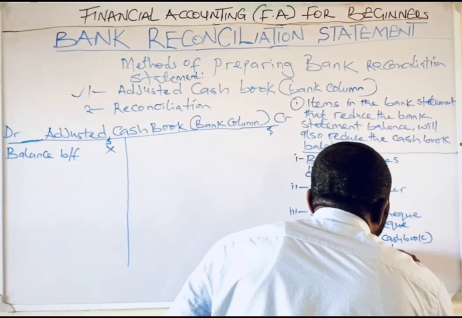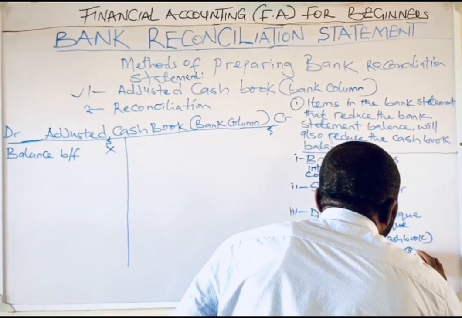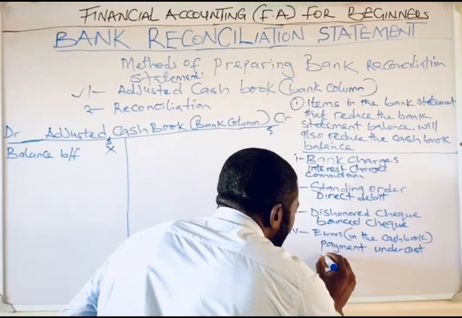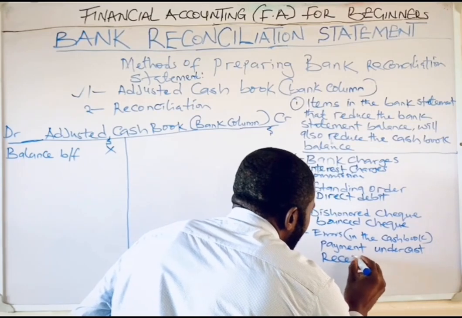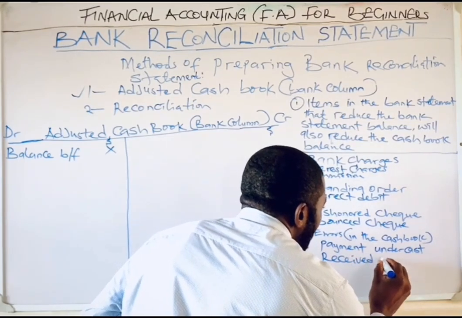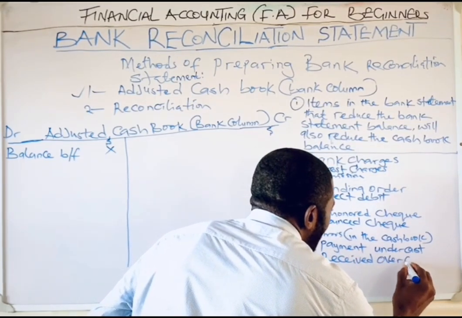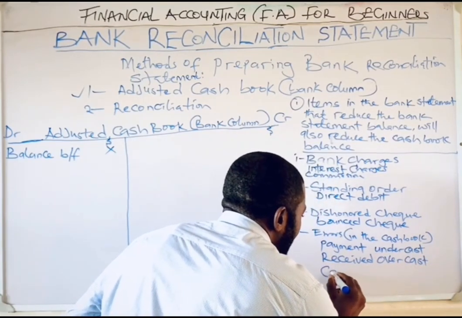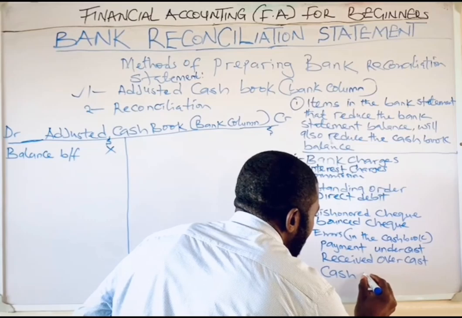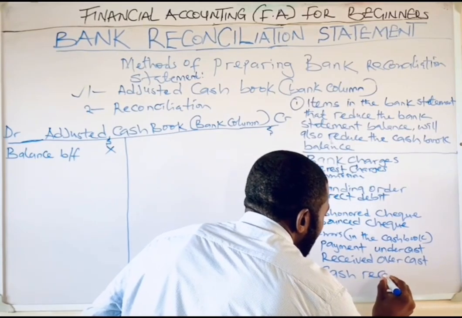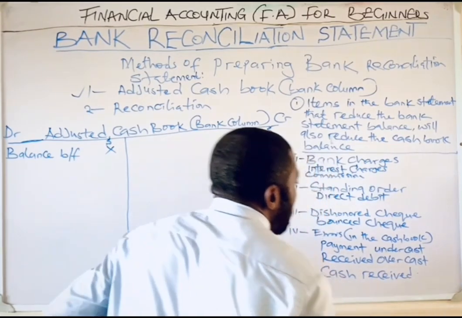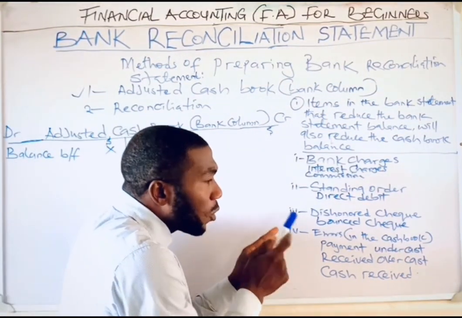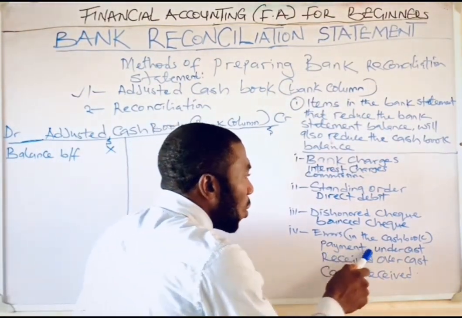Payment undercast. Received overcast, and cash received. So these errors will either come in form of payment undercast.